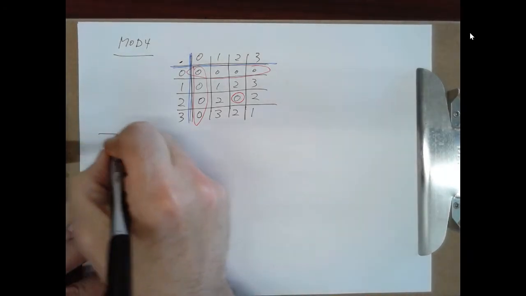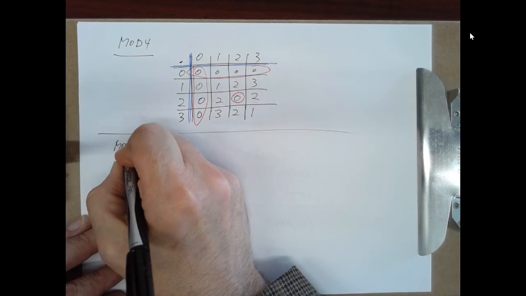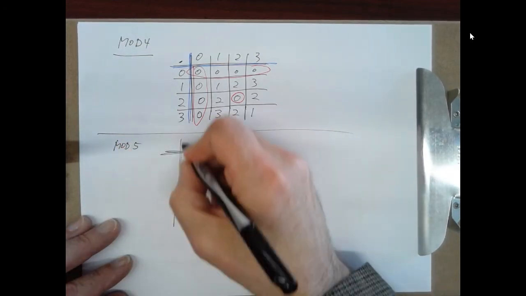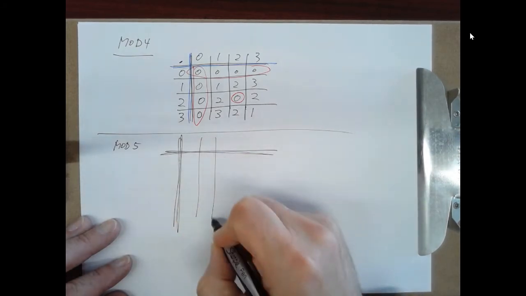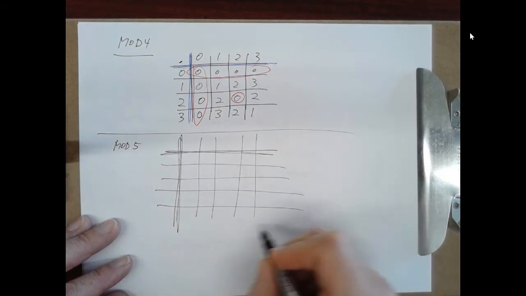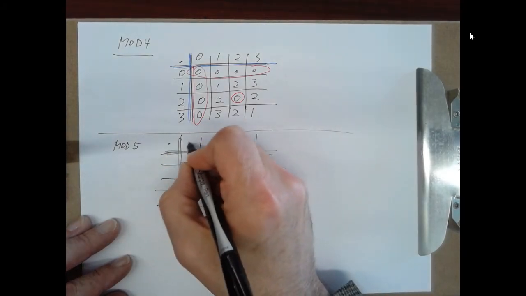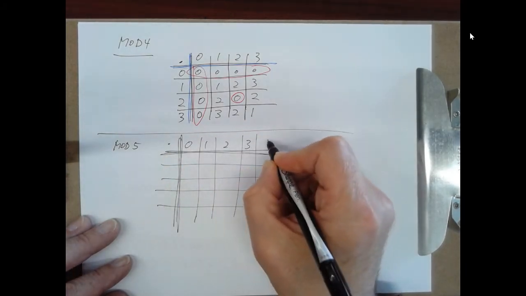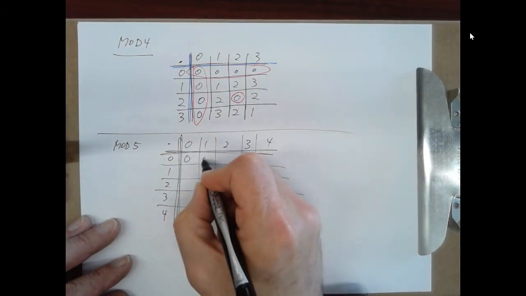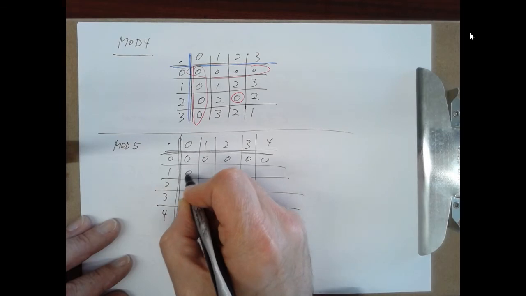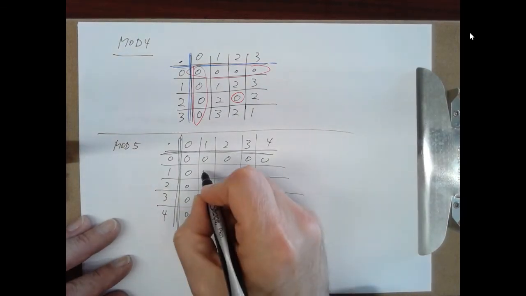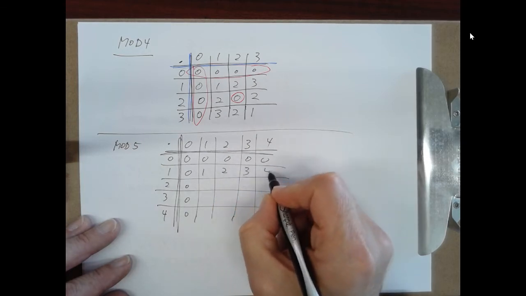All right, let's do mod 5. All right, I'll do the first row and the first column for you. And I'll do the second row and column for you.